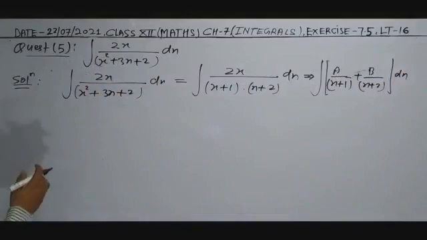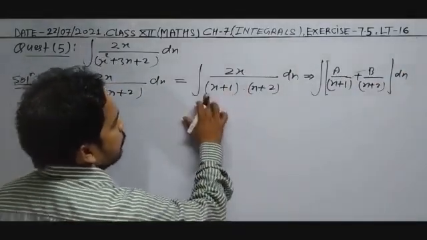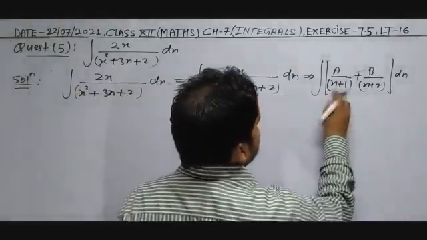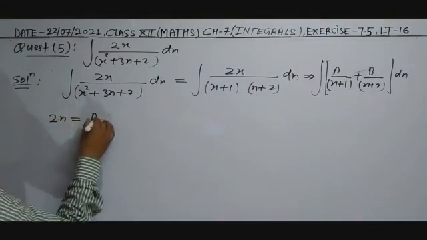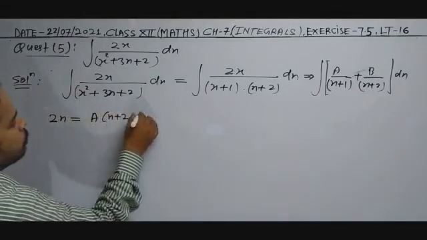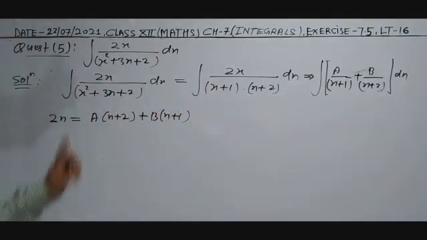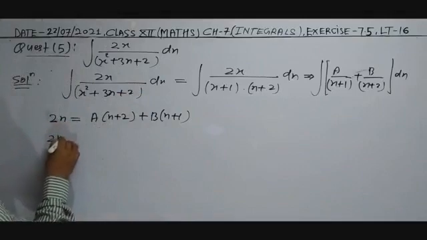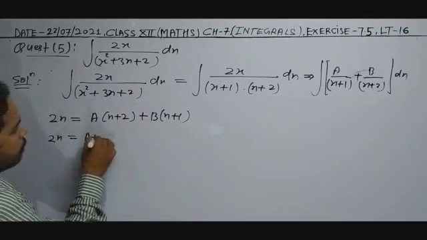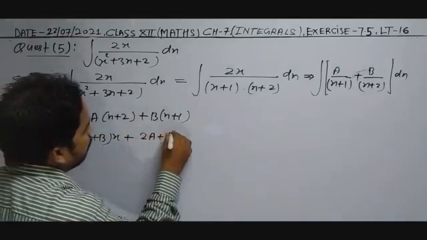Now when you take the LCM, and after taking the LCM, the denominator part cancels out, and the result will be 2x is equal to a times (x plus 2) plus b times (x plus 1), because the denominator term will cancel out. And when you solve, you will get the result 2x is equal to (a plus b)x plus 2a plus b.